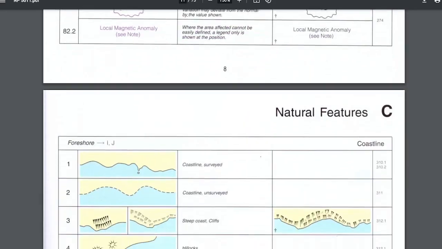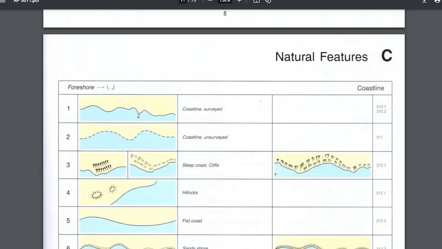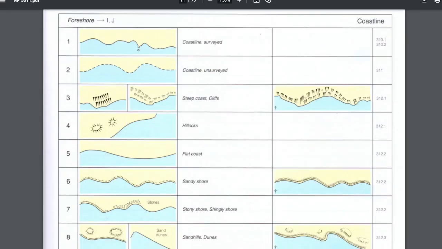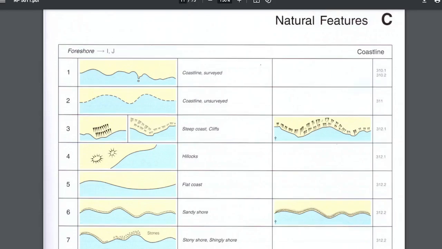Here, all the natural features, coastline. This is a surveyed one. This is unsurveyed. Steep coast. This can be of good use to the navigating officer, because when you're taking radar bearings, you want, as they say, a conspicuous object.